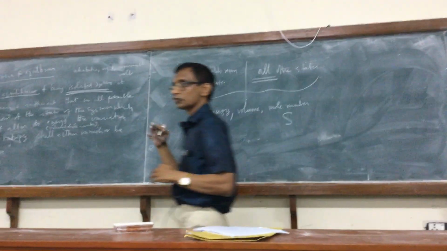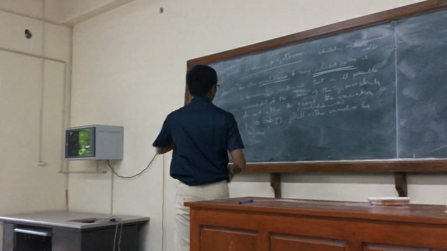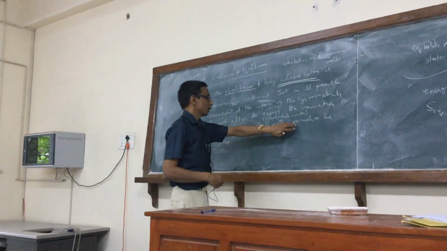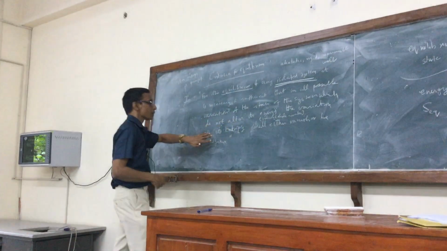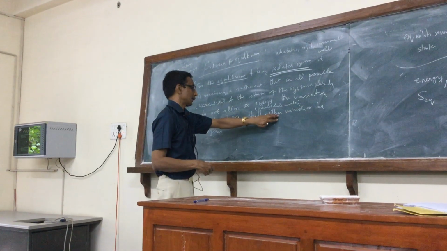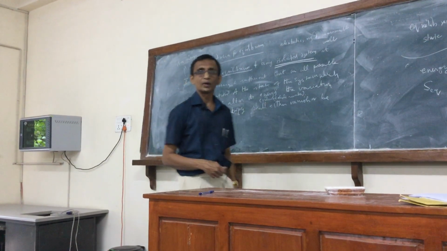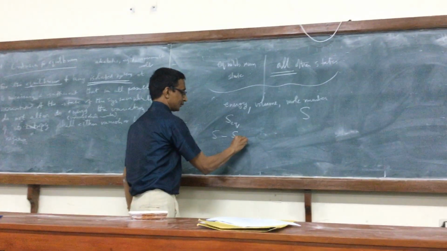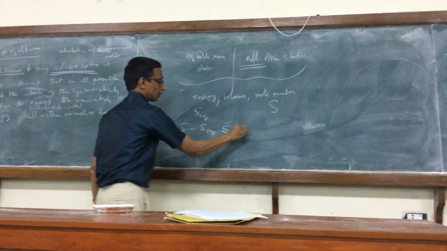Among those states, the entropy, when you vary the state from the equilibrium state, either vanishes or is negative. So effectively he is saying S minus S equilibrium is less than or equal to 0.